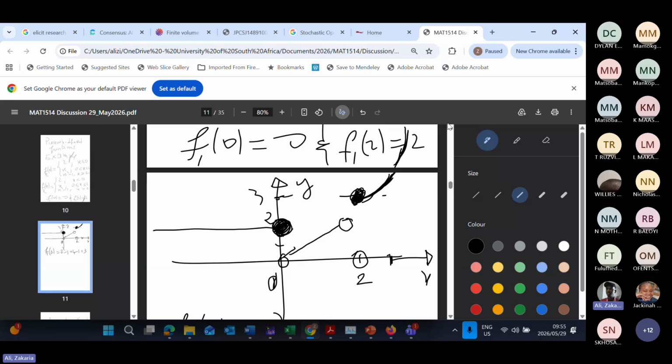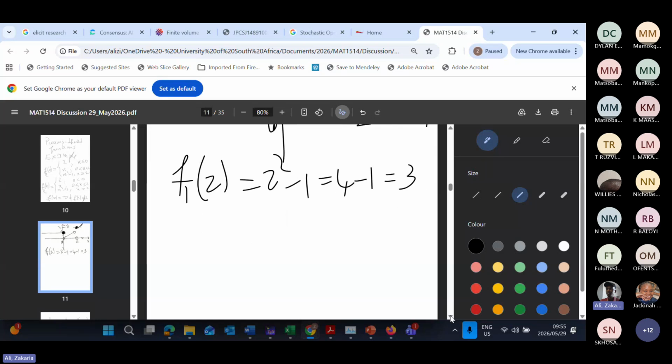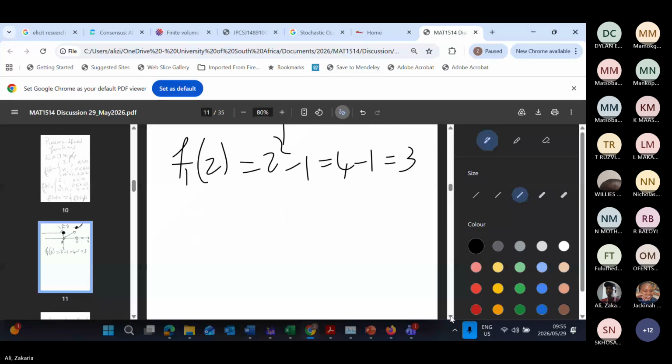Who can give me the easiest example of a piecewise defined function that we did last week? I said that if you have g of x equal to the square root of x squared, this is plus or minus x. You're supposed to ask me how it is plus or minus x, and we said it is also the absolute value of x. It's the same thing.